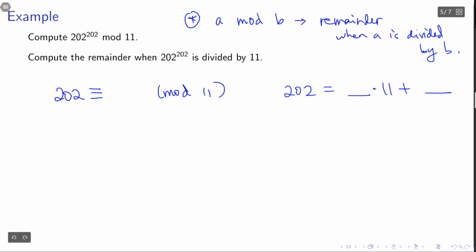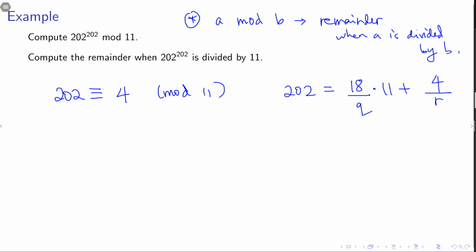Right, so we can write it this way using the division algorithm. It's quotient times 11 plus the remainder. And it's easy to see here that 18 times 11 is 198, and the remainder is 4. So 202 is really the same as 4 from the perspective of remainders modulo 11.